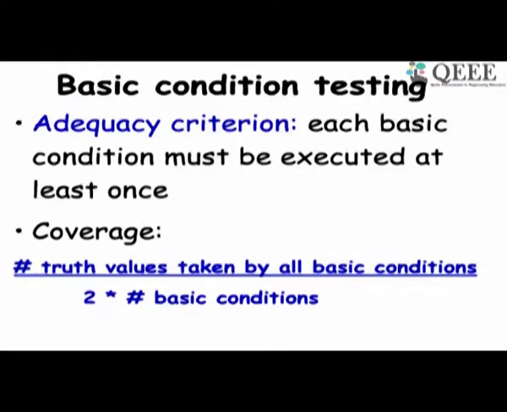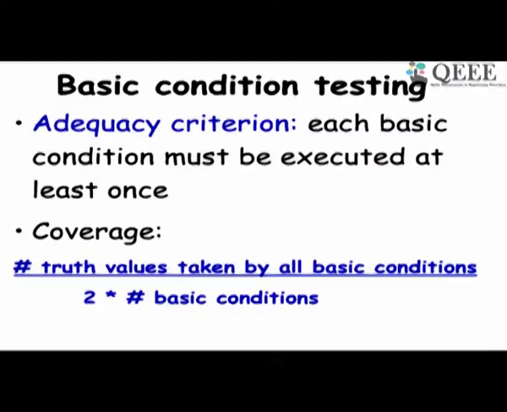So I think the coverage that we have written is for multiple condition coverage. In basic condition coverage, it is 2 times the number of basic conditions. So if we had 2 component conditions, 2 into 2 is 4, and we count how many truth values have been taken by the basic conditions.